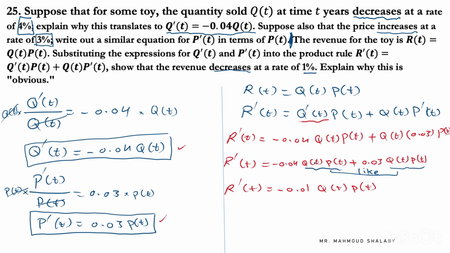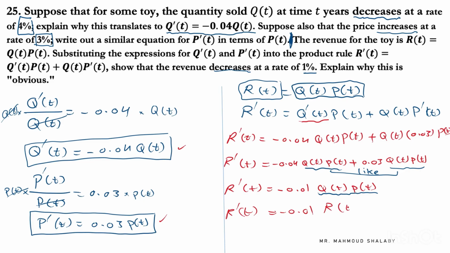Now I know that Q of t P of t is R of t, so I will replace Q of t P of t by its value, which is R of t. So R prime of t equals negative 0.01 R of t.